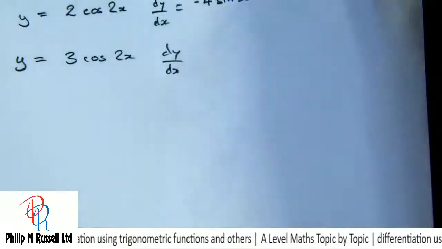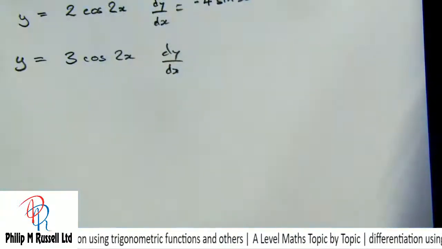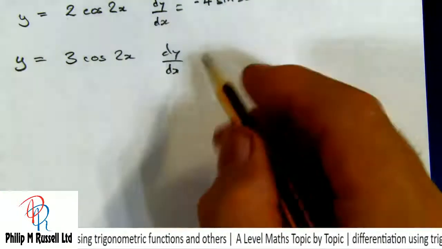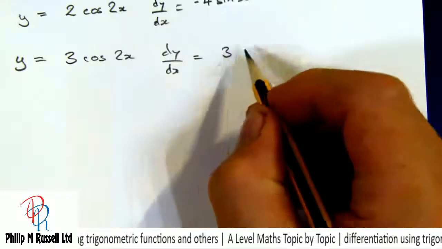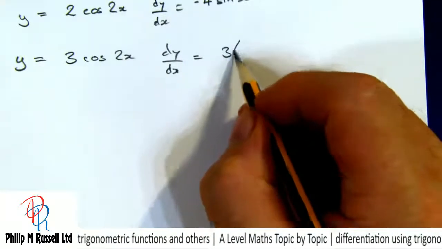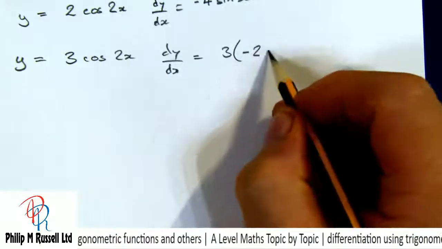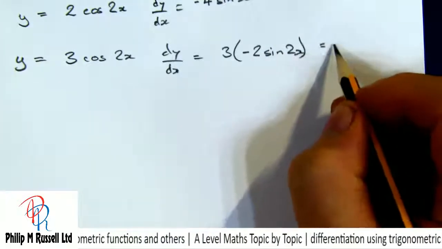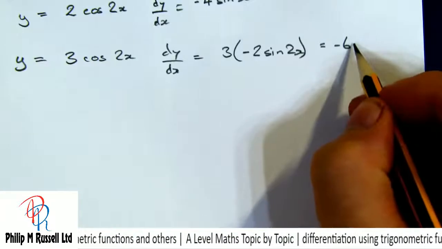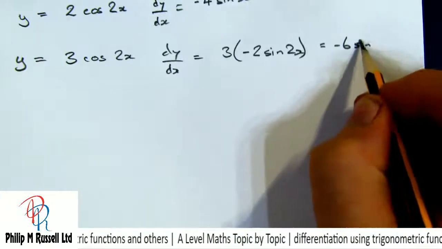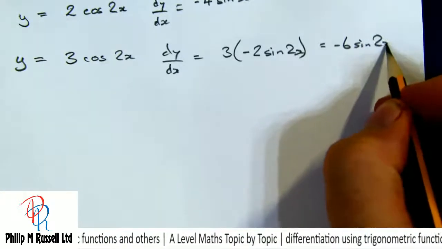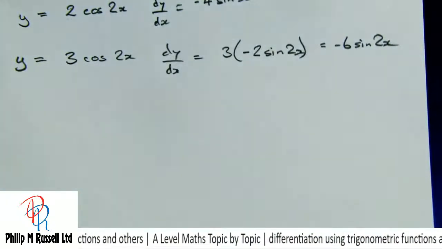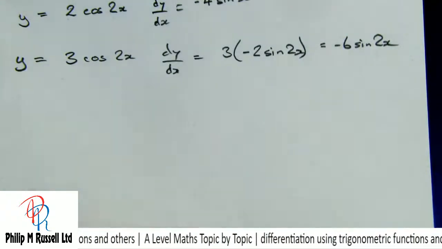When we differentiate 3 cos 2x, it's going to be simply 3 times minus 2 sine 2x, which is giving us minus 6 sine 2x. So they're not really that difficult to have a go at.